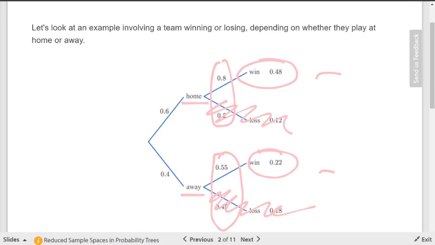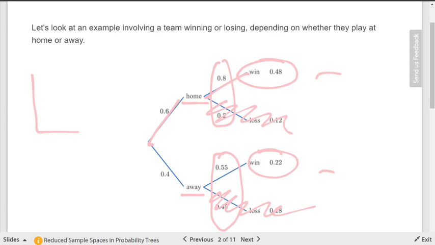Because if you wanted to know home and win without any restriction, we'd just read home, then win, right? But this one says home or win depending on where they played. So we're only looking for winning or losing. So we just want all the wins. So we're only using the win column.